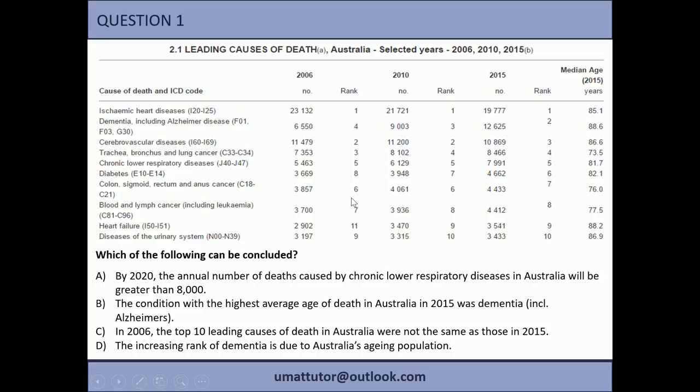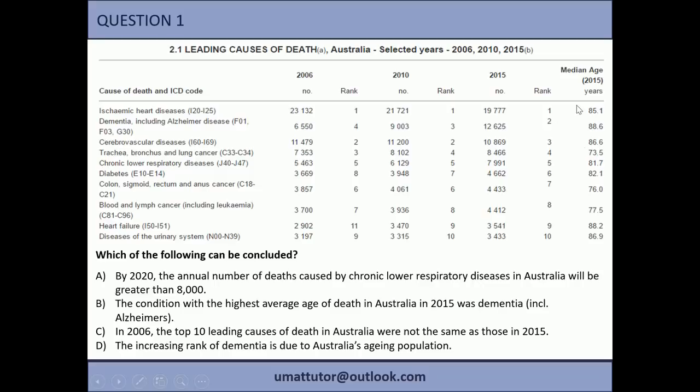But there are two main problems with option B. One is that it's dealing with the average age of death, whereas up here we can see the data set is dealing with the median age. So even though they're quite similar, they are different concepts, and so you can't conclude that. The other problem is that the answer is implying that the condition with the highest average age of death in Australia was dementia overall, out of all the conditions that lead to death, whereas this table is just showing the top 10.